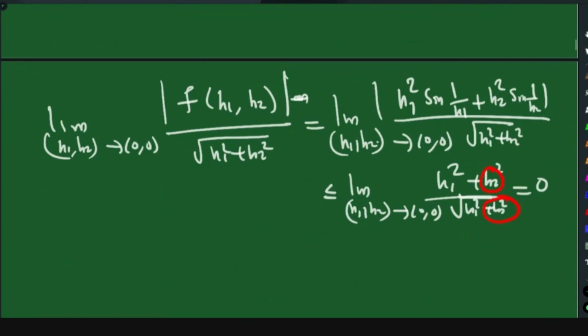So the expression will be h1 square divided by root h1 square. So that also will go to 0. Similarly, for the third part, h1 will be 0 and h2 will be there. You understand that? Yes, sir. So each case you have to check. That is correct, but that follows immediately. That is why I have not included that in a separate way.